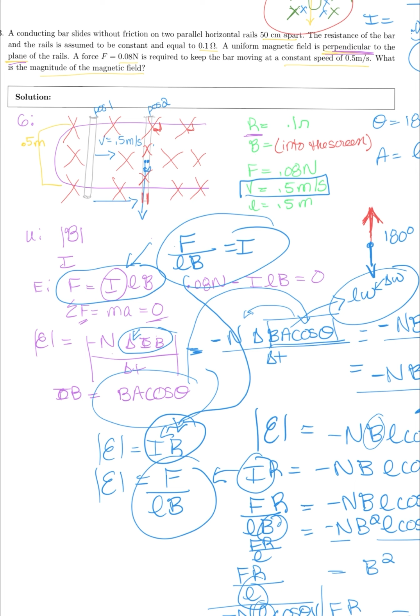Okay, so because our magnetic flux is equal to BA cosine of theta, if our A is getting bigger, which we said it was because our A was length times width and the width was changing, it was getting bigger, then that means if A goes up, phi B goes up. So that means we're going to have an increasing B field.